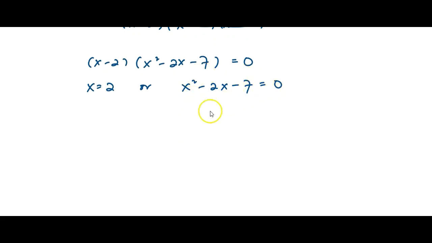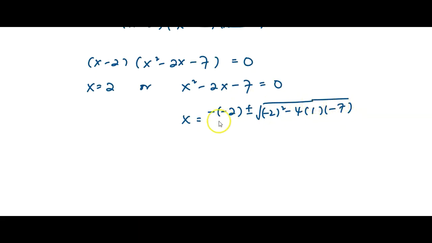Since it cannot be factorized, I'm going to use the formula: x equals negative b, negative 2, plus or minus the square root of b squared, that will be negative 2 squared, minus 4ac, and c will be negative 7, over 2a. Then simplified, you get 4 plus 11, that will be 15 divided by 2.